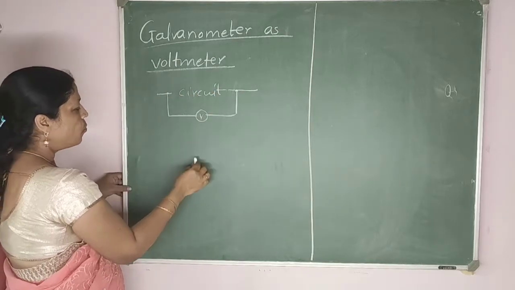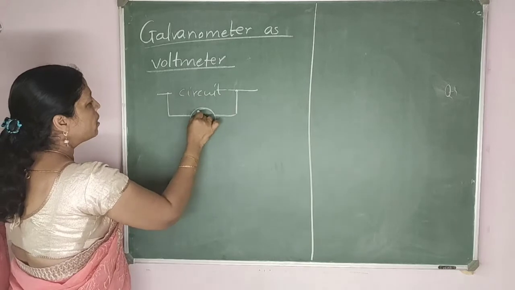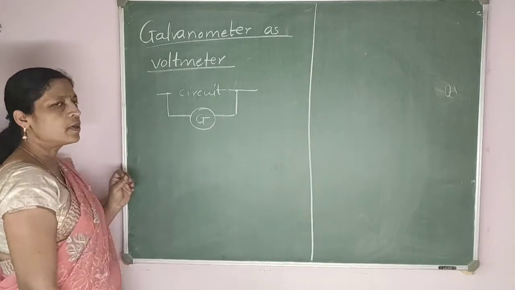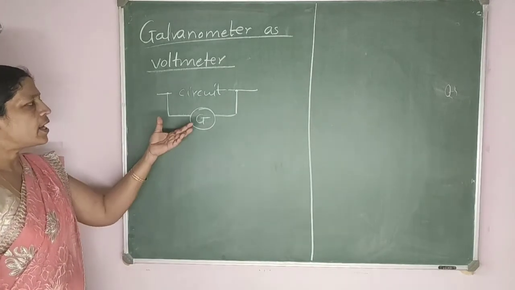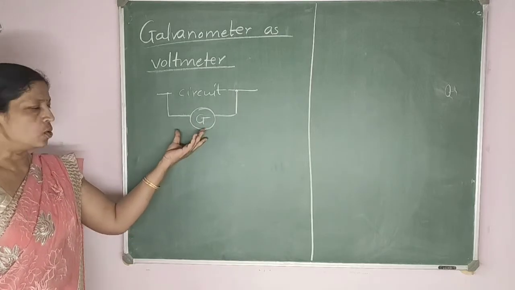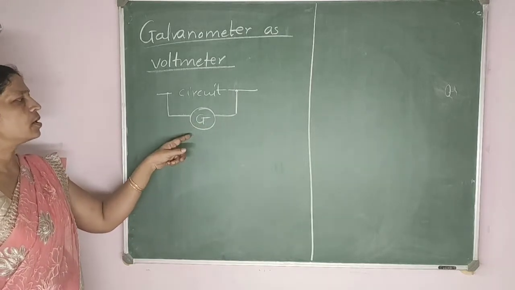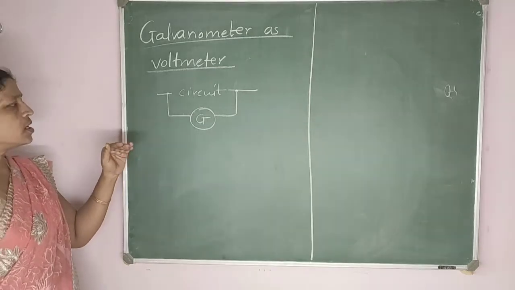Now in place of the voltmeter, suppose I keep a galvanometer. Will it act as a voltmeter? No, it will not. Why?